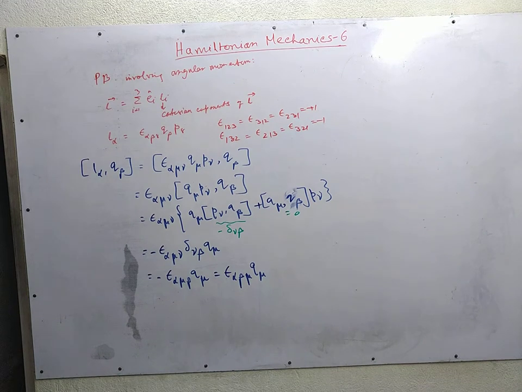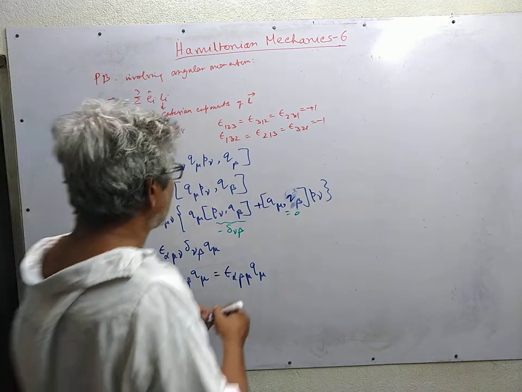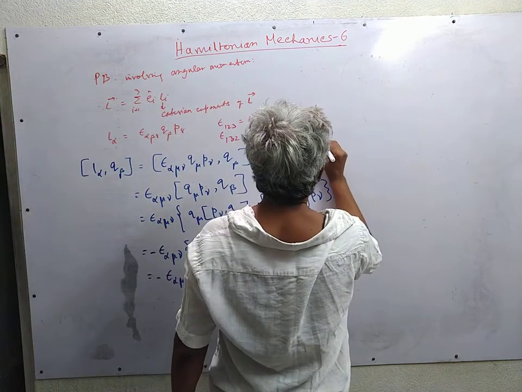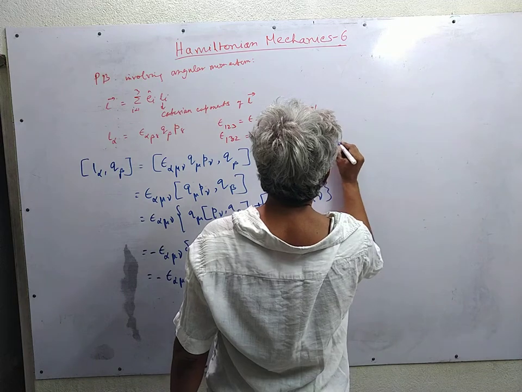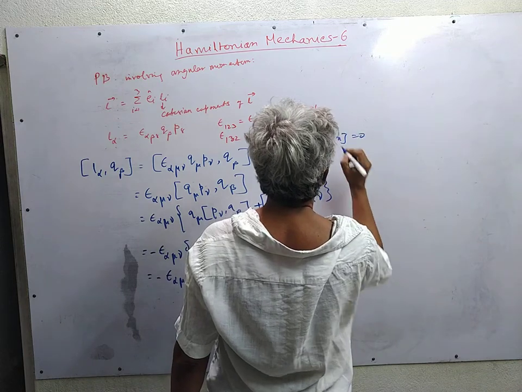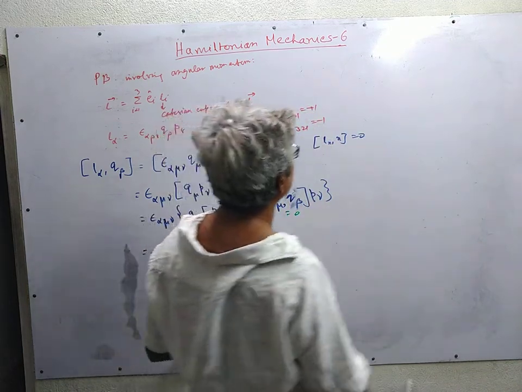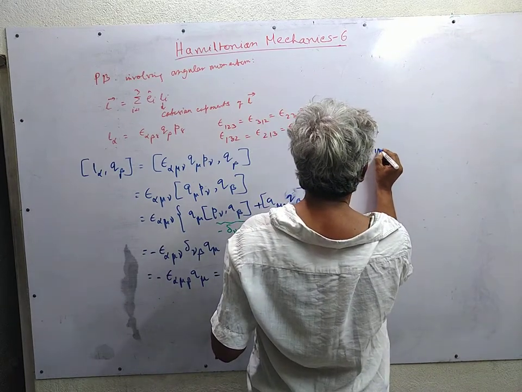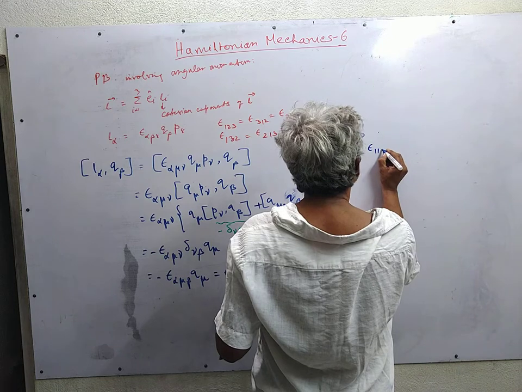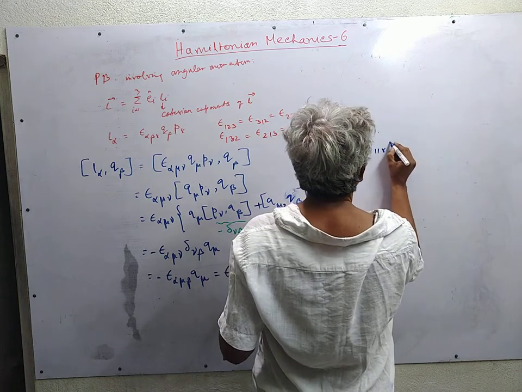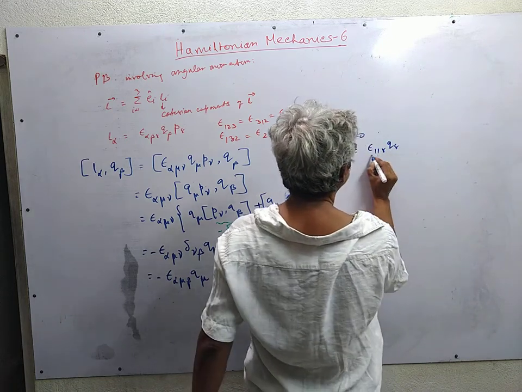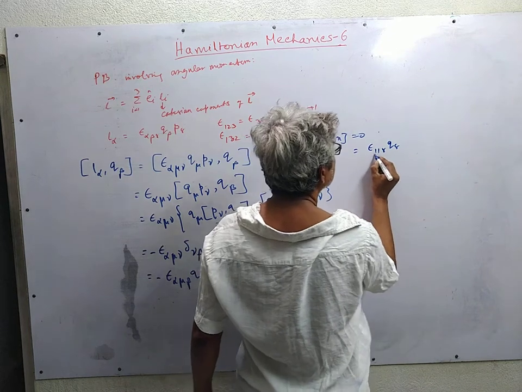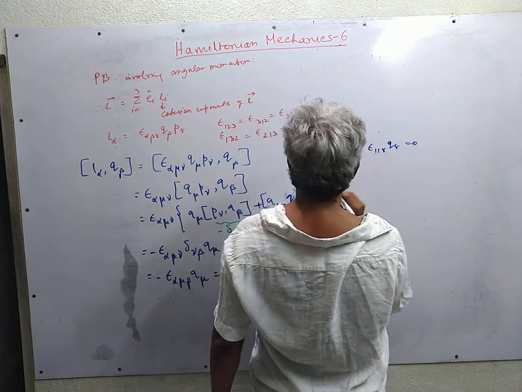In the simple derivation that we have done, we evaluated [L_x, x] and found it to be 0. If you come to this relation, this is basically ε_11γ Q_γ. Because the indices are repeated, it is 0 identically.